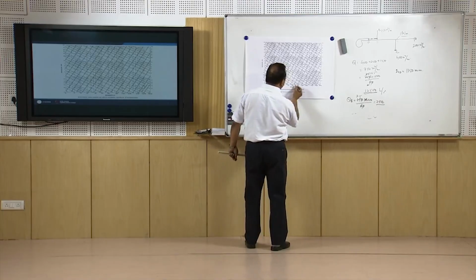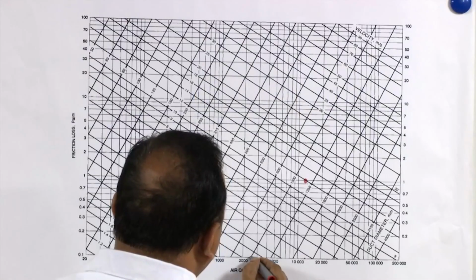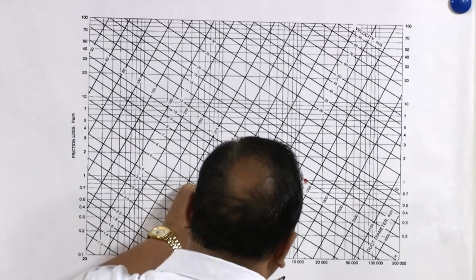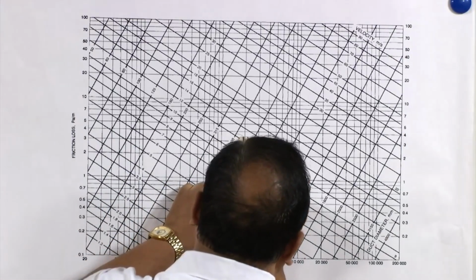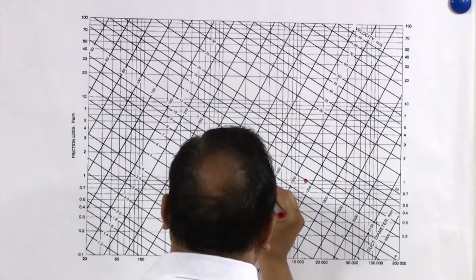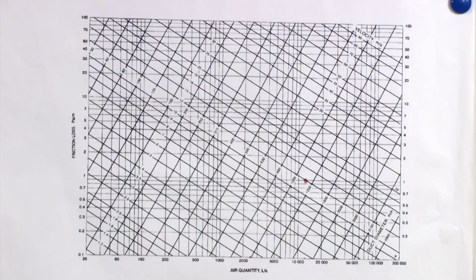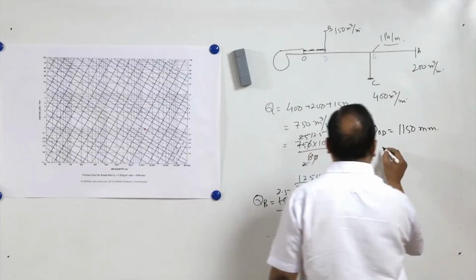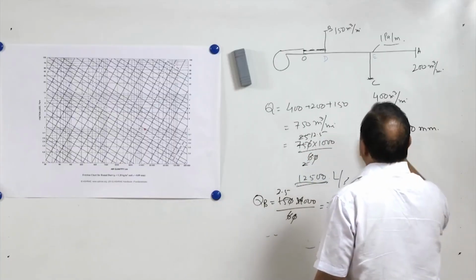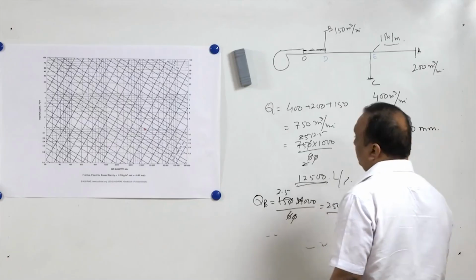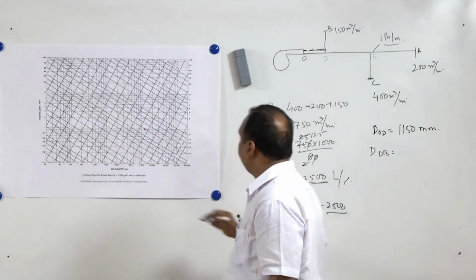This is a log scale, 2000, 3000, 2500 will come somewhere here. From 2500 again we will draw a vertical line and locate the point, and this is going to be the diameter of the duct DB, equal to 630 mm.